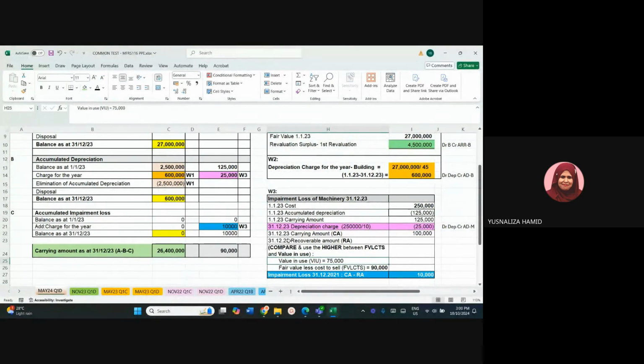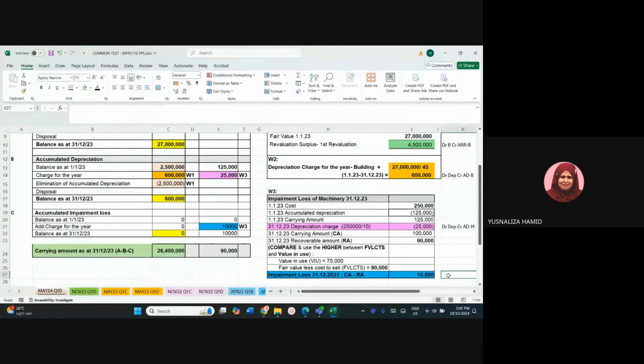So I take the higher between the amounts, which one? 75,000 or 90,000? Class? Which one? It is the 90,000, because it is higher. So you put here 90. When you compare with 100, you will see that there is a difference of 10,000. The difference of 10,000 is the impairment loss.